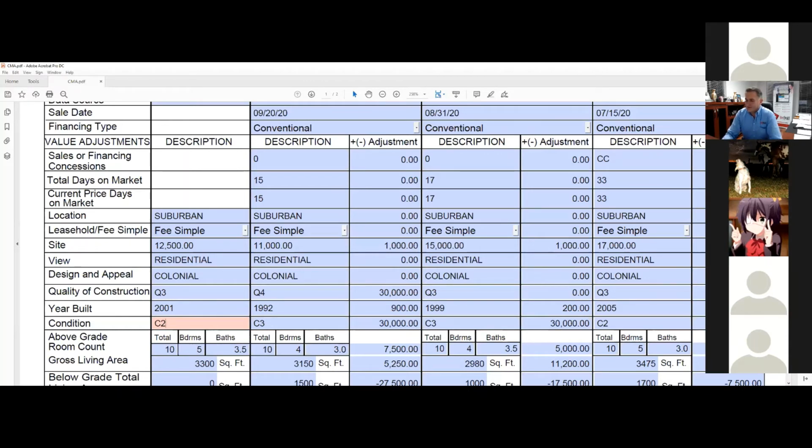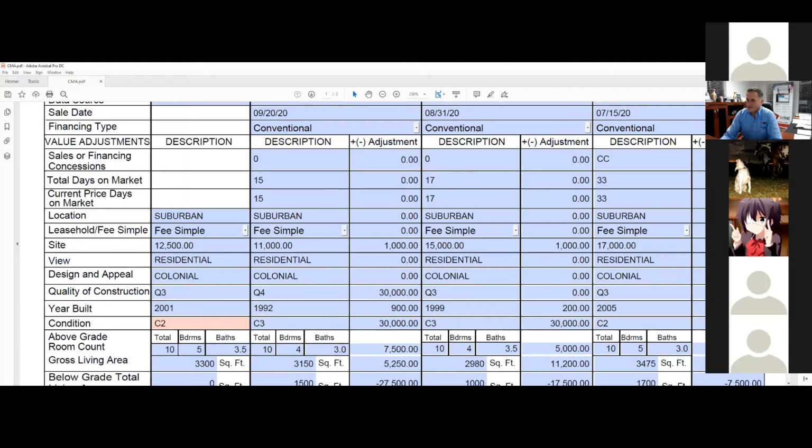Let's say your ranch is 1,400 square feet and there's a custom home of 5,000 square feet. You can't use that. You have to compare apple to apple, apple to orange. You cannot go apple to watermelon.